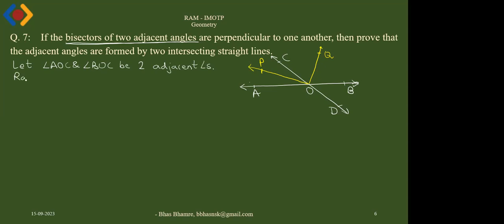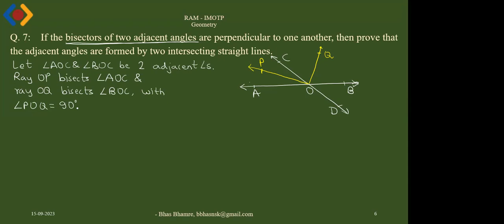Then we say that ray OP bisects angle AOC and ray OQ bisects angle BOC, with angle POQ equal to 90 degrees.